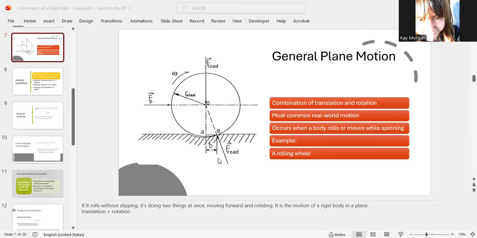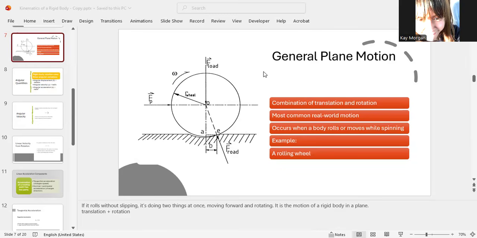Since rotation is also happening, we usually use the center as a reference point to measure everything. Again, what are we measuring? You're measuring each point and comparing each point, which one is going faster and which one is not, what is going on with the angular velocity and what is going on with the regular velocity, which is your linear speed.